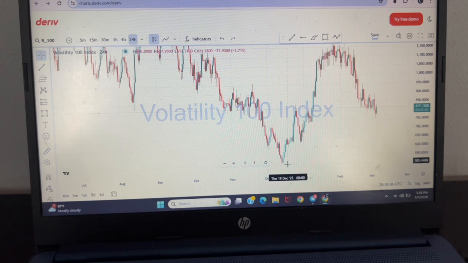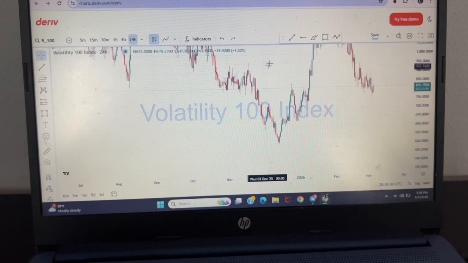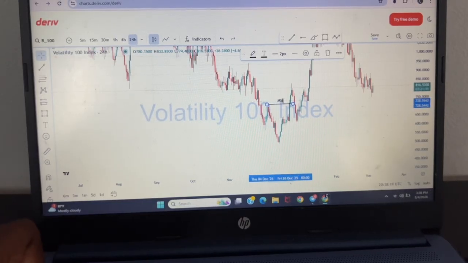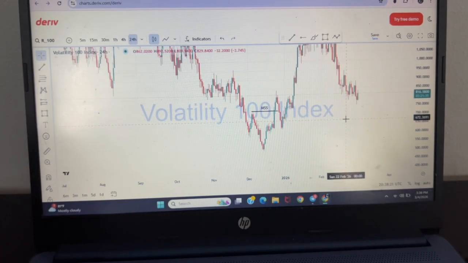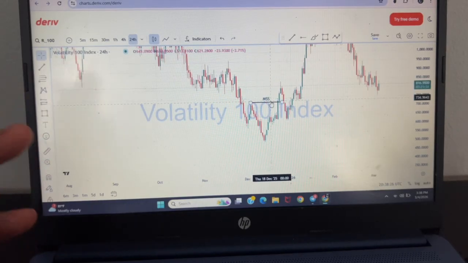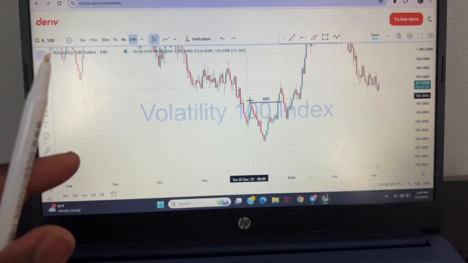It makes a lower high, then a lower low. It breaks above this lower high right there. It gives you a market structure shift. So it's the same downtrend to an uptrend example, just vice versa.